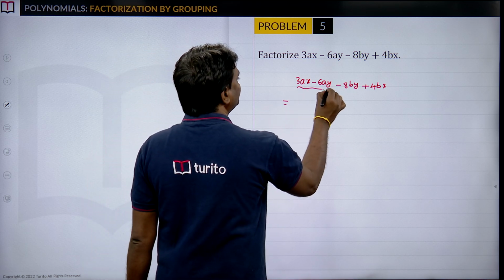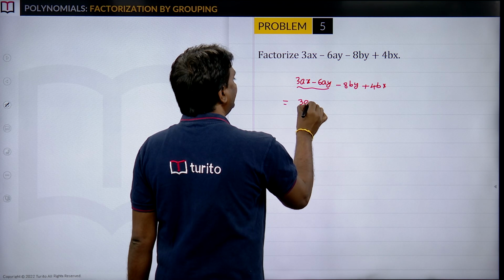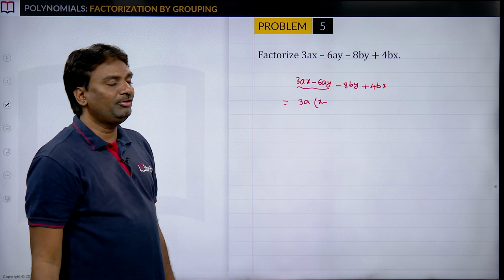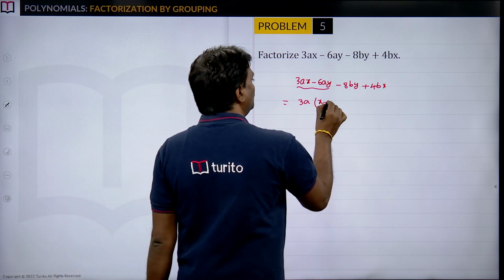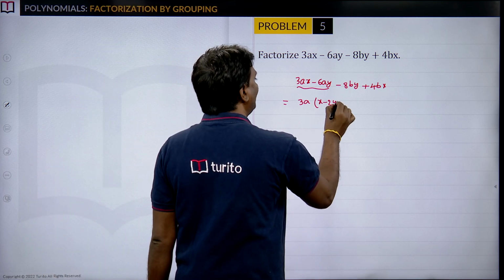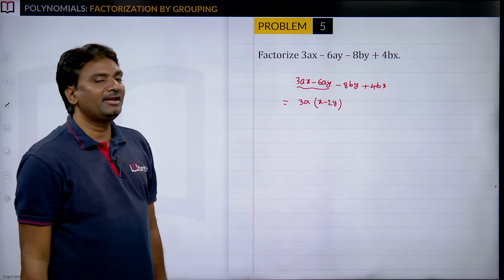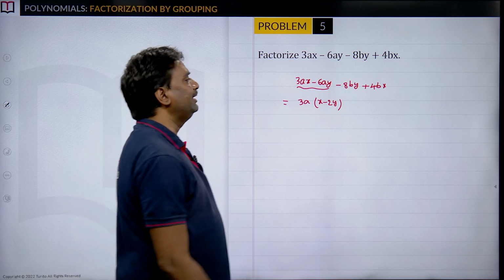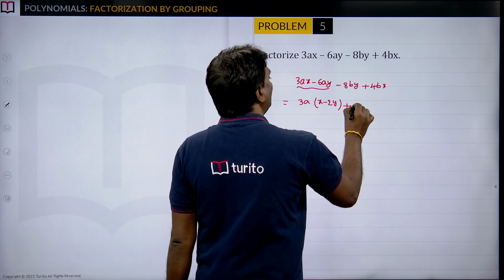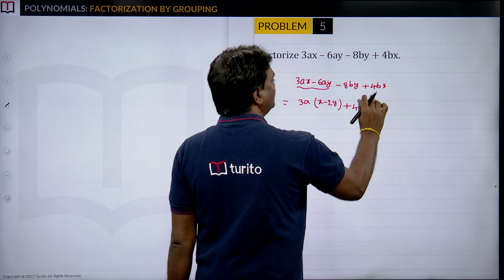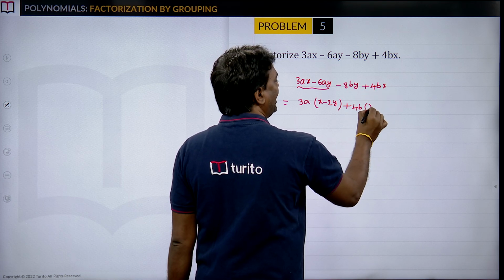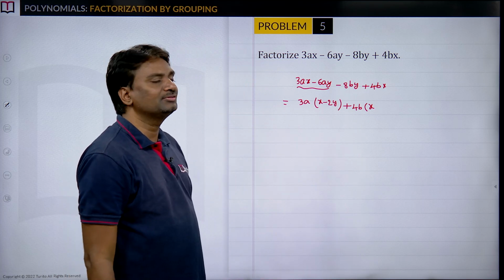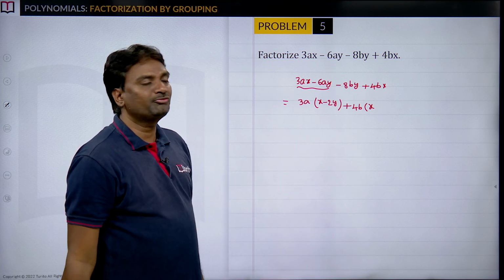So, from the first two terms, by taking 3a as common, x; from the 6 we have taken 3 as common, and from ay we have taken a as common, minus 2y. So, 3a of x minus 2y. From minus 8by plus 4bx, by taking 4b as common: from 4bx we have taken 4b as common, x; from 8by we have taken 4b as common, 8 can be written as 4 into 2.